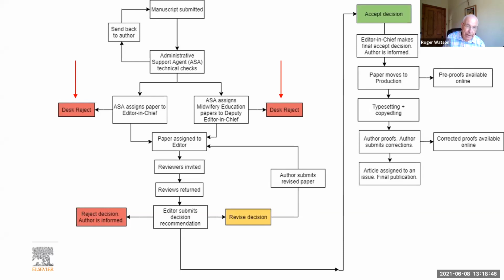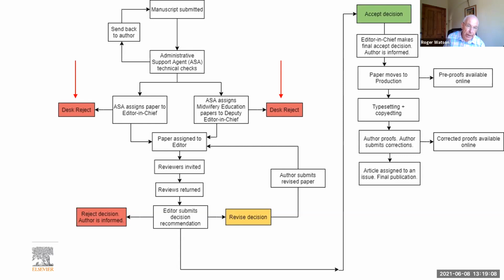But mostly, we are looking for articles that are likely in the end to be accepted, because we get hundreds, if not thousands of articles every year, and we don't want to waste the time of editors and reviewers and our systems working with manuscripts which we think are not going to be accepted.